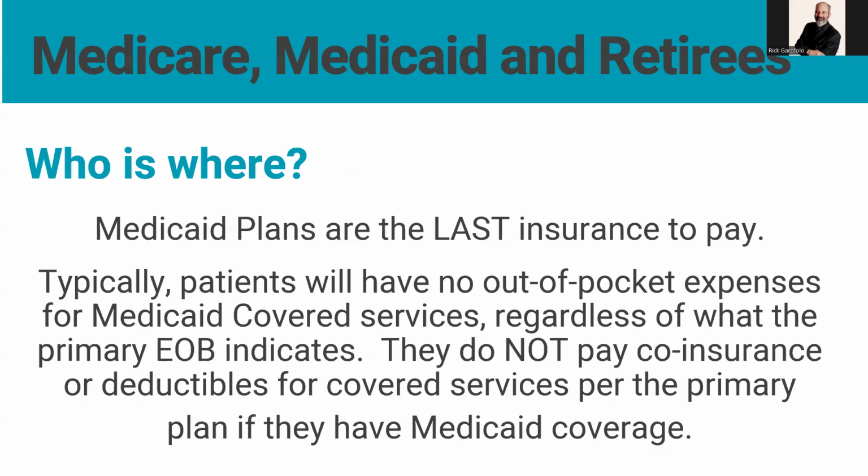You can't collect the $25 deductible because you've collected your full Medicaid allowed fee from the primary. Medicaid paid 0 because you've already collected their fee, their allowance, and the patient owes nothing out of pocket. So we have to be very careful about coordination of benefits, especially when we're dealing with Medicaid plans.